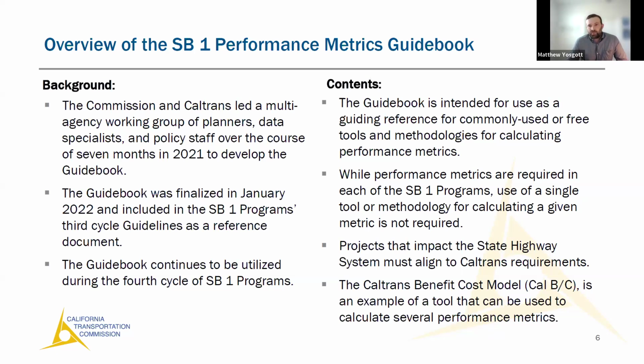So as I described, we had the multi-agency and public agency partner working group. These would be like best practices in the transportation planning world for how to calculate a specific metric. And we put kind of step-by-step how to recreate those methodologies within the guidebook itself.